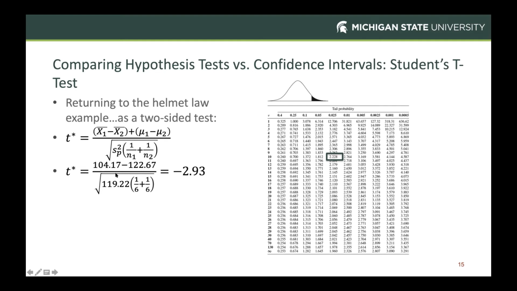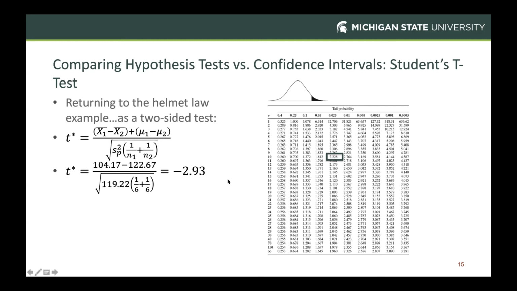Instead of 106, we see actually an average of 104.17 for the 6 years of data immediately preceding the helmet law change. We see the same 122.67 for the after period. Again, we're just testing whether there's any difference here, so this term drops out. Our pooled variance is 119.22, and each of our samples are of size 6, okay?